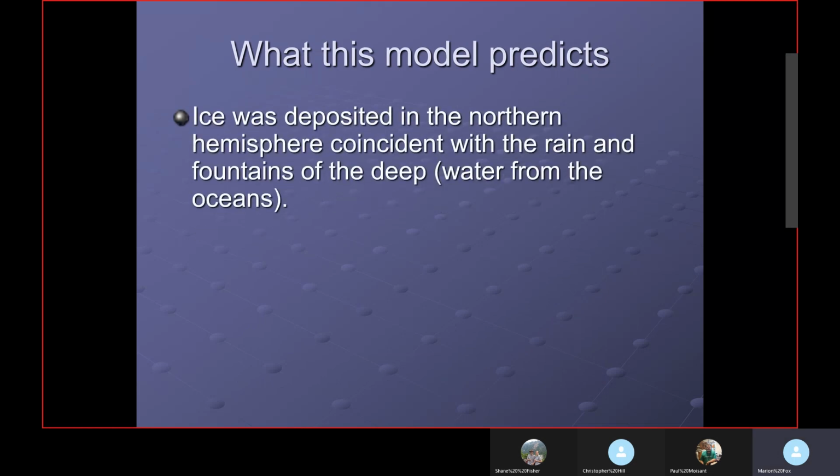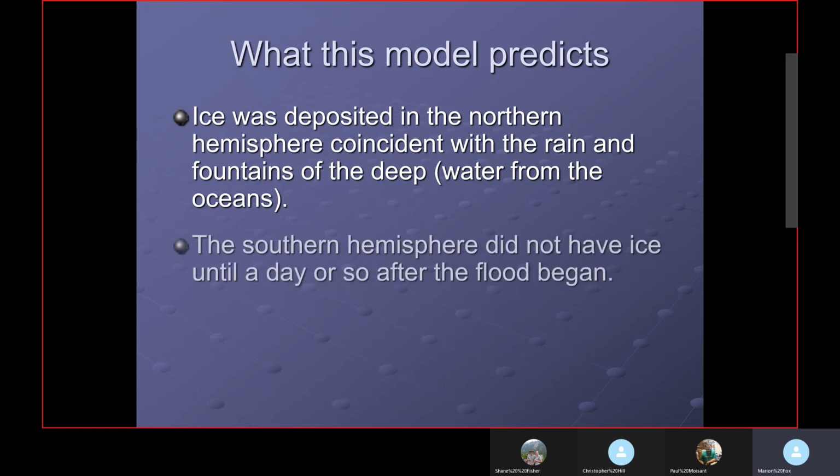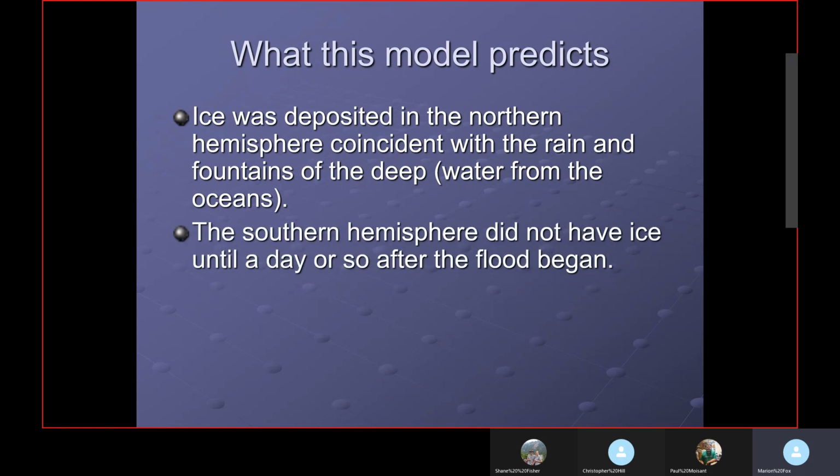So ice was deposited in the northern hemisphere, coincident with the rain and fountains of the deep water from the oceans. And the word deep is almost universally used for oceans in the Bible, both the Old and the New Testaments. The southern hemisphere did not have ice until a day or so, or a few days after the flood began.